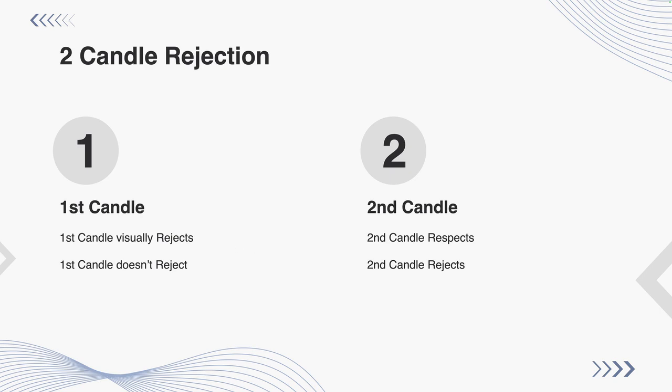If we are coming into this kind of way, first candle already rejects, second candle is going to respect that first candle rejection, already going to continue higher. First candle does not reject, so there's no rejection, or there's just not a clear visual rejection. Then the second candle can still sweep the previous candle low or previous candle high to then create the rejection. So, of course, it's way more beneficial to show you this in a chart.